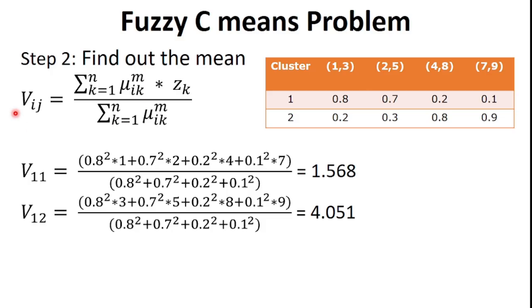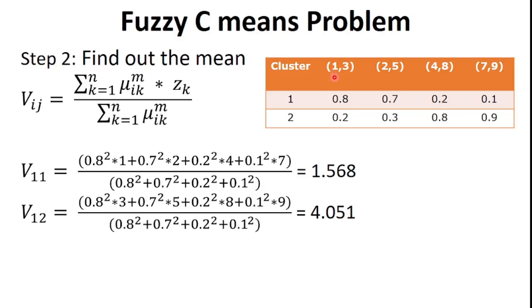So the second step is to find the mean. With the help of the equation Vij, first we calculate V11, which is equal to, for the first data point, 0.8 square. How does that 0.8 square come? 0.8 is the membership value, mu ik, and m is the fuzziness parameter, which we are considering as 2, so it is 0.8 square into the zk value. For the first data point you consider the x values alone.